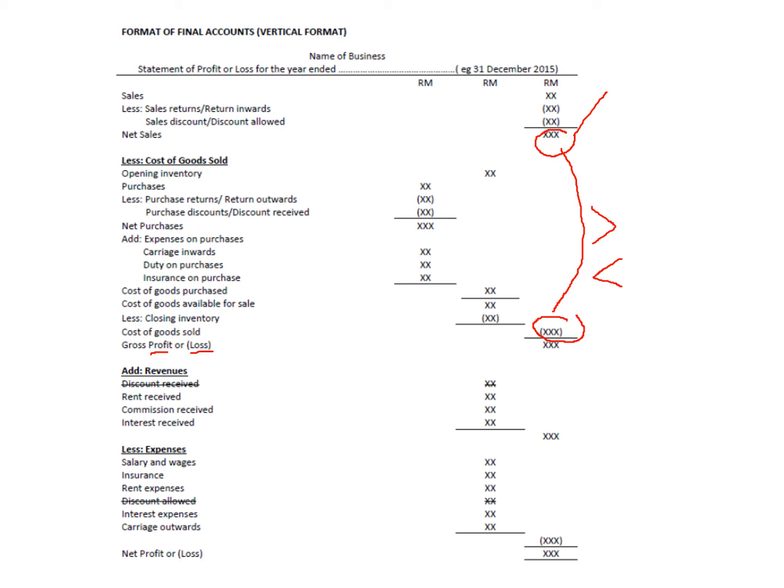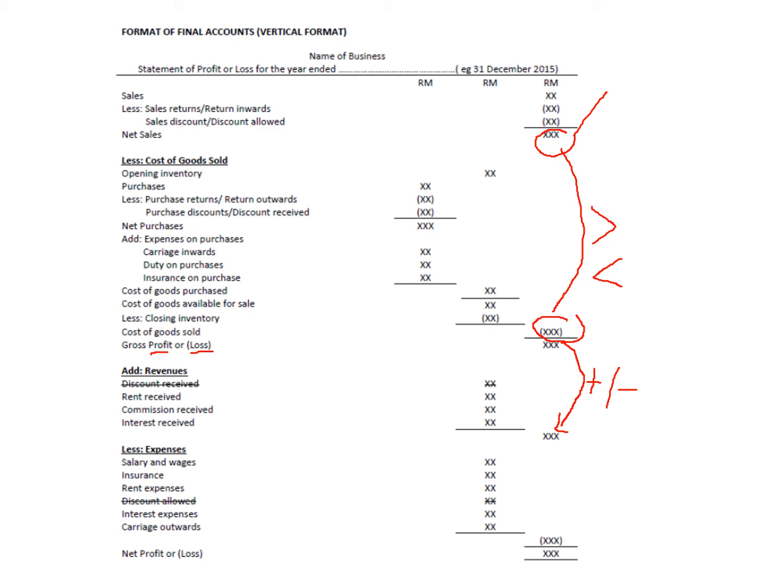Next, move on to the next section. The gross profit earned from the previous section will be added to the other income or revenue, while the gross loss will reduce the income of the business.